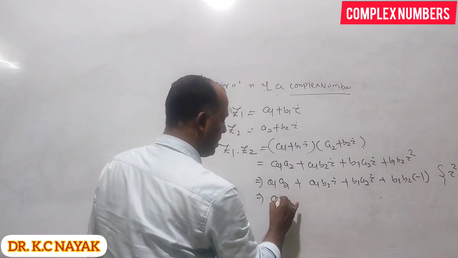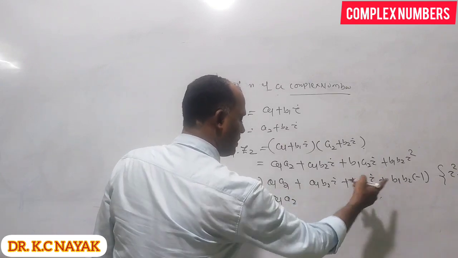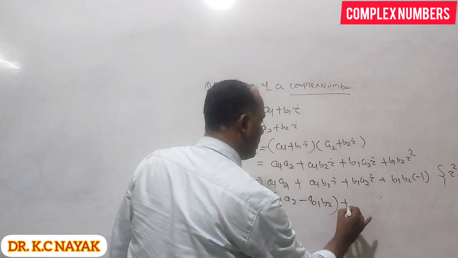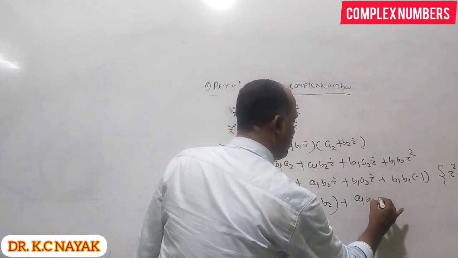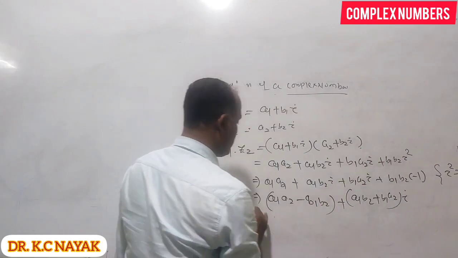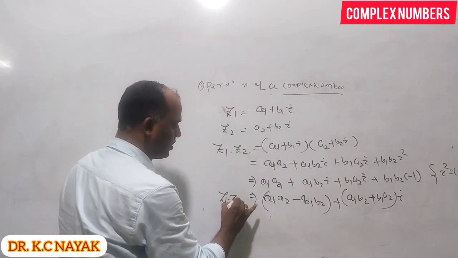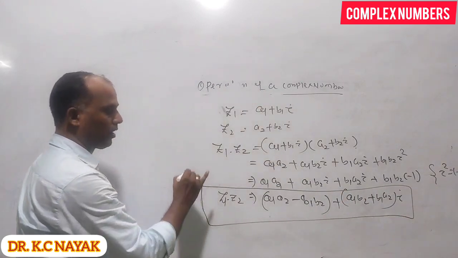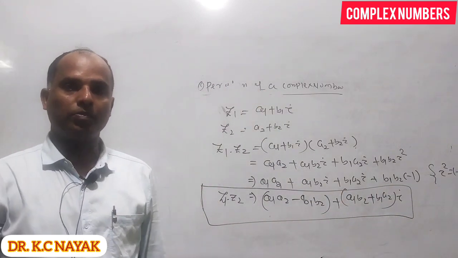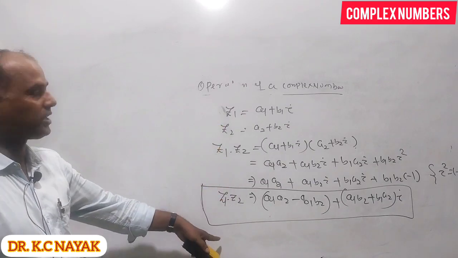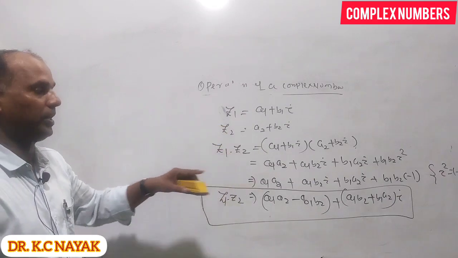Just remember, a1 a2 minus b1 b2 is the real part, and a1 b2 plus b1 a2 of i is the imaginary part. z1 into z2, the product of two complex numbers, is also a complex number. Okay, this is the mathematical concept of the product of two complex numbers.